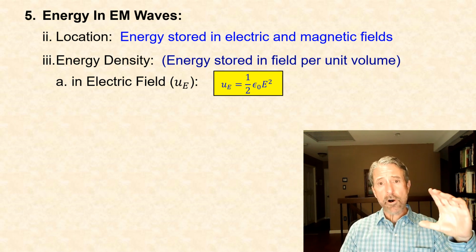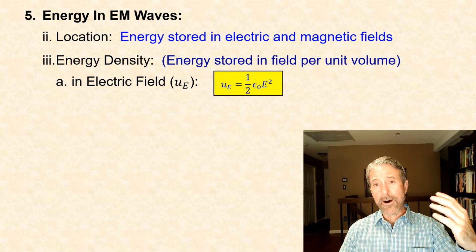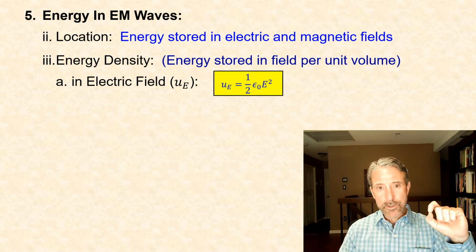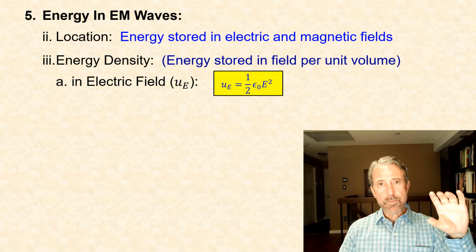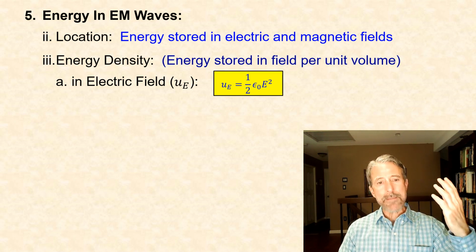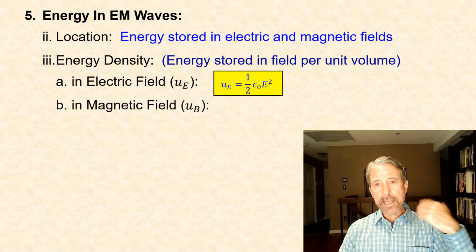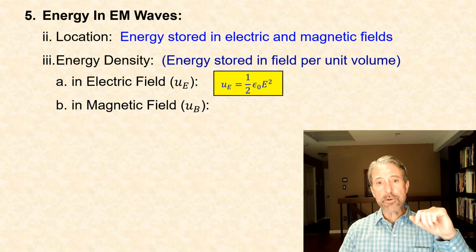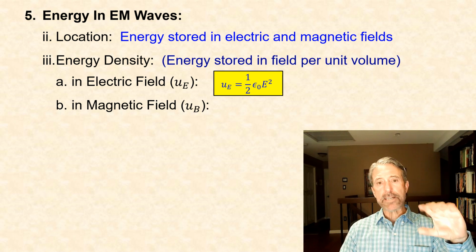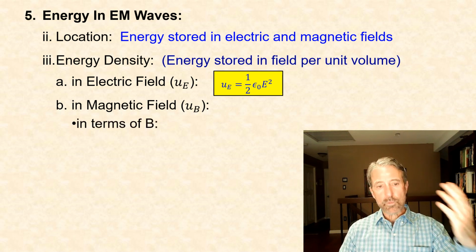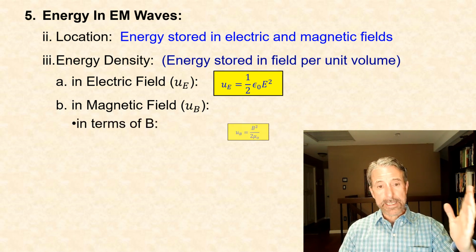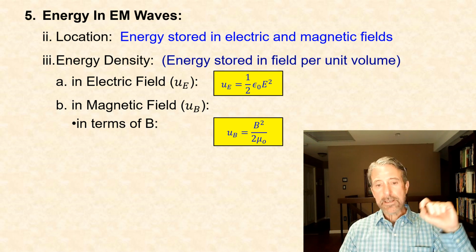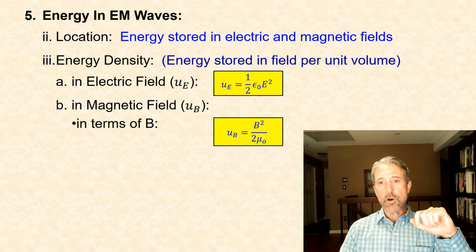Now, you also recall in a more recent discussion on inductors and inductance that we derived an expression for the energy stored in the magnetic field of an inductor, per unit volume. And the magnetic energy density could be described in terms of the magnetic field as B squared over 2 mu naught.